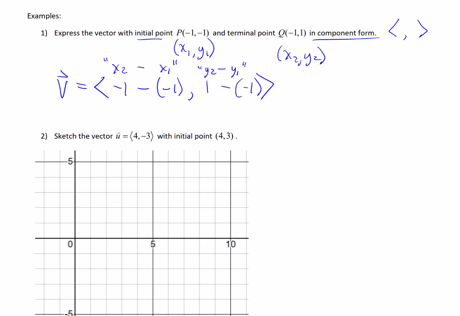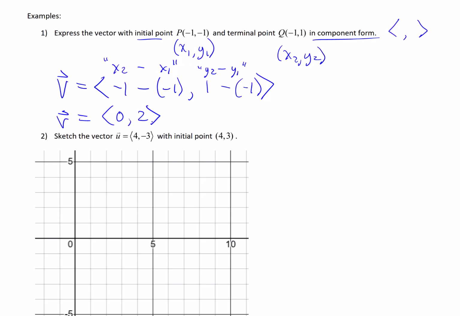So if we simplify this result, what we'll end up with is that vector v equals the horizontal component of -1 plus 1, really that's 0. So we have a vector of 0, comma. The vertical component would be 1 minus -1, otherwise known as 1 plus 1, or 2.